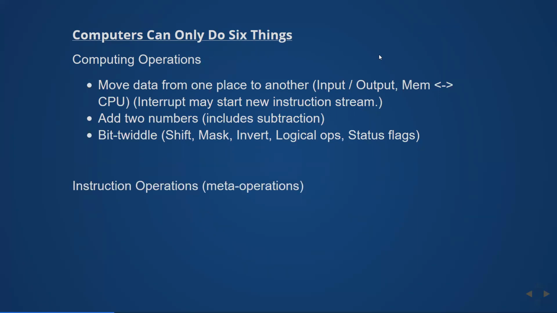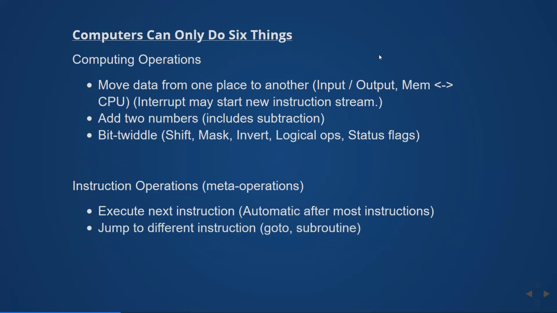Now, the meta operations have to do with the instructions. So every time it does an operation, in most cases, it simply jumps to the next instruction, and it knows based on the processor and the instruction how far to jump ahead in memory.